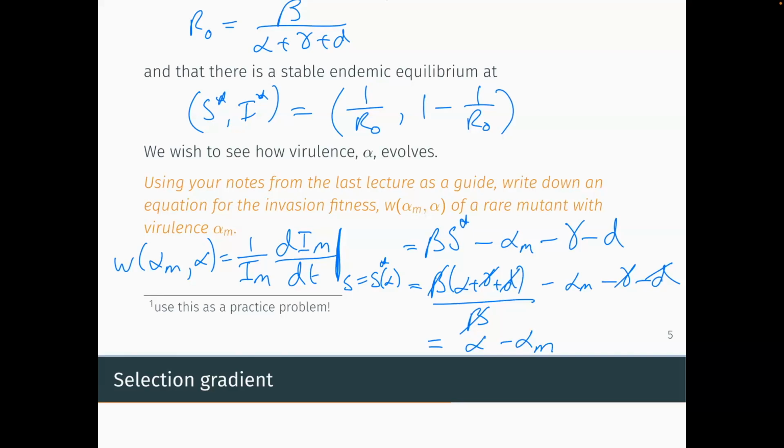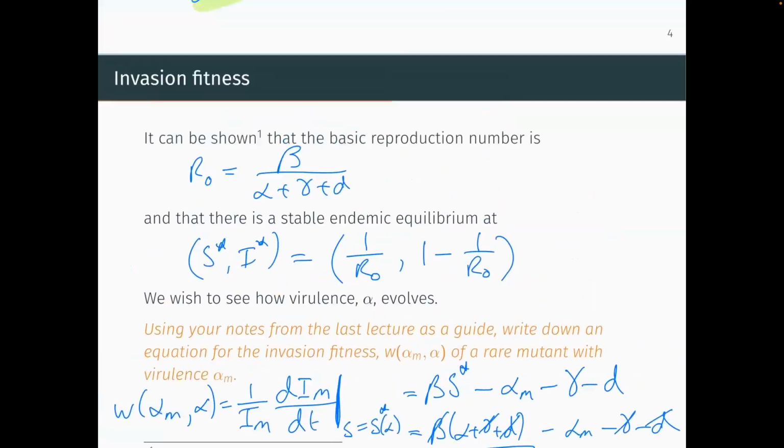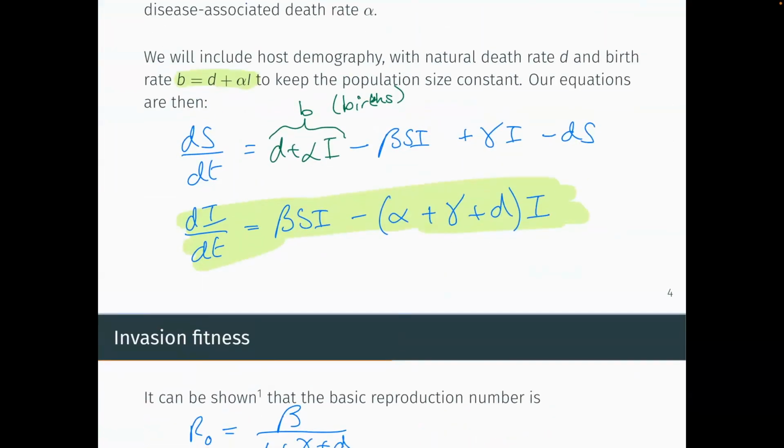Just to make sure it's clear what we're doing when we're writing down invasion fitness: this is our baseline model. Whatever our baseline ecological population dynamics model is doing, we're assuming that it reaches its endemic equilibrium, or a stable equilibrium, and then we introduce a rare mutant that differs in some trait or traits. So here we're taking this equation, replicating it for a rare mutant, so it's almost the same but differs slightly in one or more of these parameters.